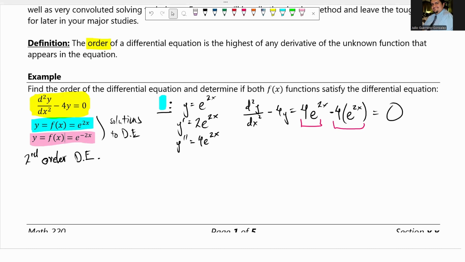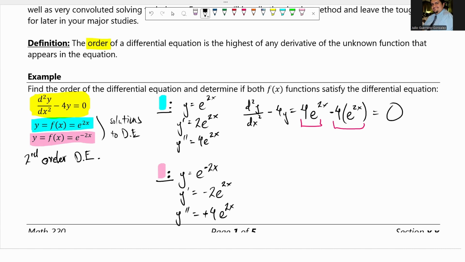All right. Let's do the pink one now. Y is our original, e to the minus 2x this time. Y prime is minus 2e to the minus 2x. Y double prime is positive 4e to the minus 2x.